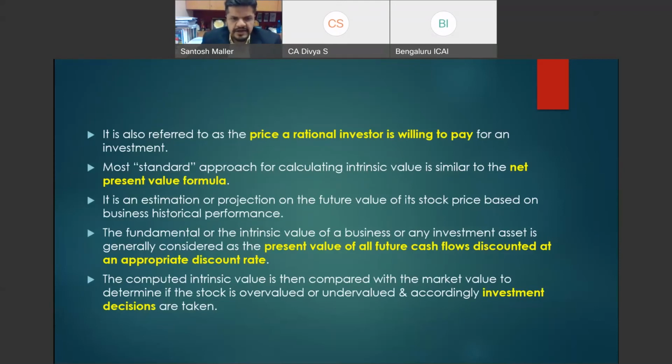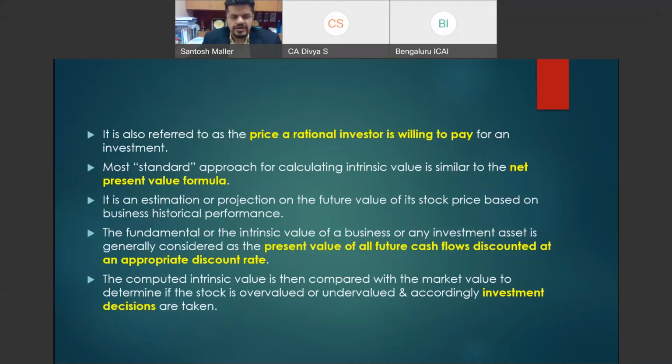The most standard approach for calculating intrinsic value is similar to the present value method, the NPV method. So when you discount the future cash flows on a current basis, where basically you have the future cash flows which are available to the investor. The most common method is the DCF or the net present value formula.